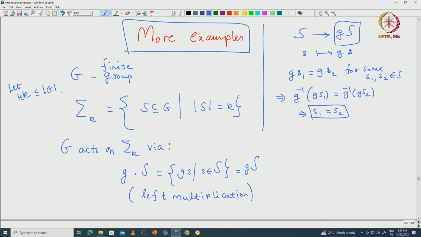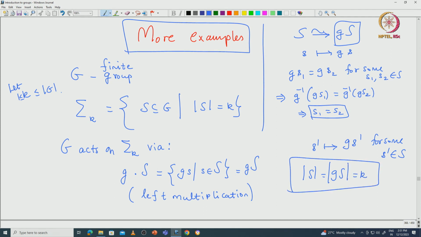If you take some element in gS, it is going to look like g s dash for some s dash inside capital S. So this s dash is mapped to g s dash. So by definition, this map is surjective and we have verified it is injective. So it gives you a bijective correspondence between S and gS. That means the cardinality of S is the same as the cardinality of gS, which is exactly k. So in particular, G acts on this sigma k via this particular action.